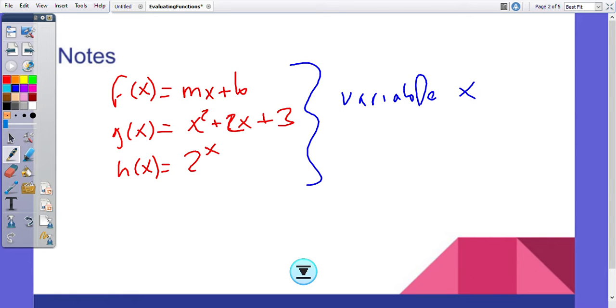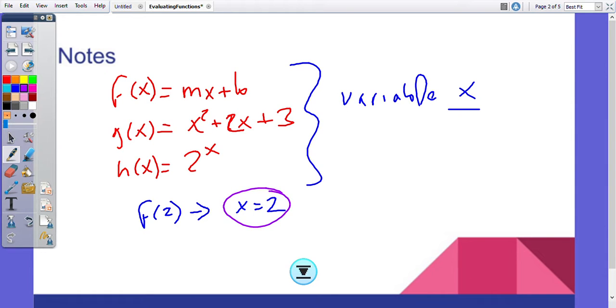Later on in mathematics you're going to see that functions can depend on two variables, but for algebra they only depend on this variable x. And so when we say that we want to find f of x at 2, we mean that x equals 2. All you gotta do is input this value of x equals 2 into your function.